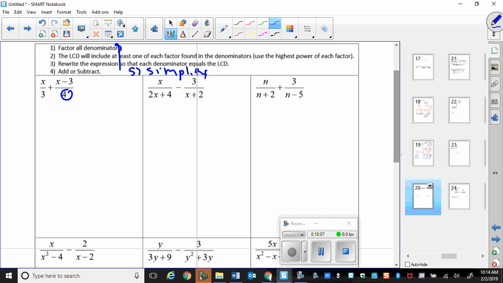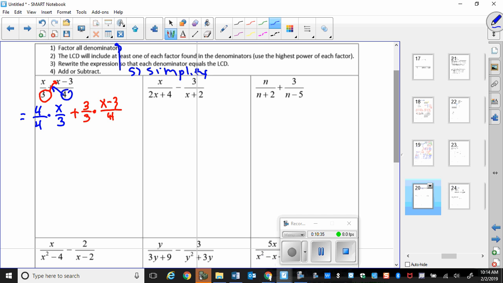So 4 is going to go over here, and we're going to end up with 4 over 4 times our original rational, x over 3. And then 3 goes over here, plus 3 over 3 times our original rational on the right.